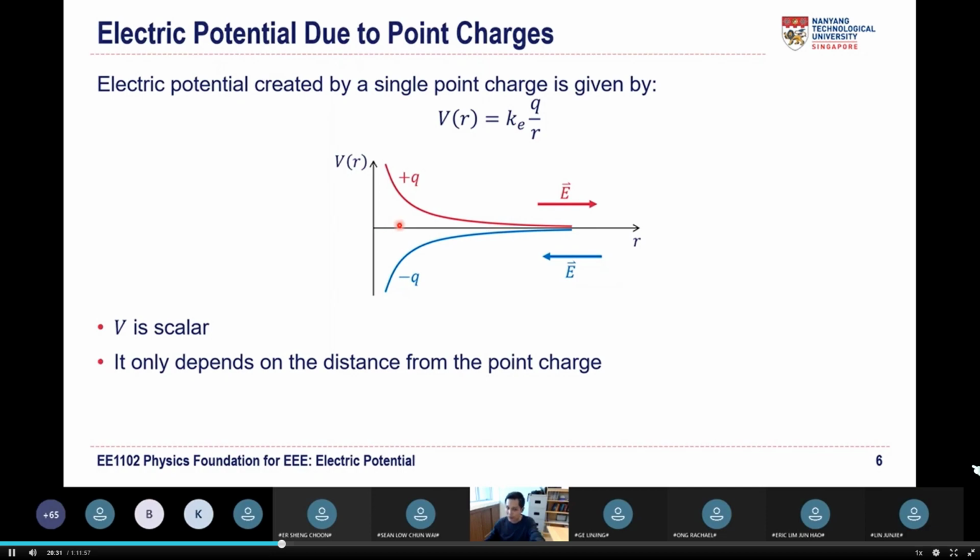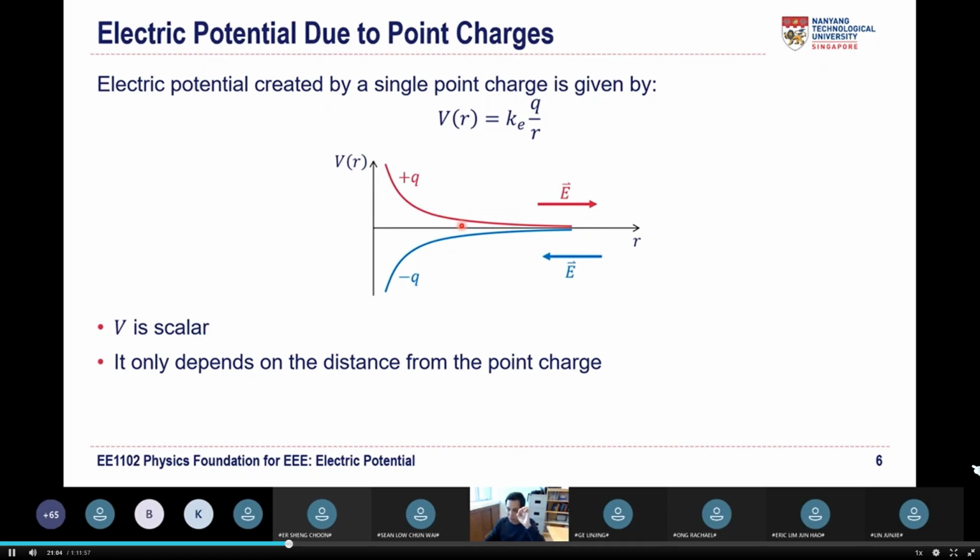So what does this electric potential diagram tell you? If you placed a charge at the origin, and then you try to place another very small positive charge next to it, coming from infinitely far away, how much energy do you need to supply to place that charge?